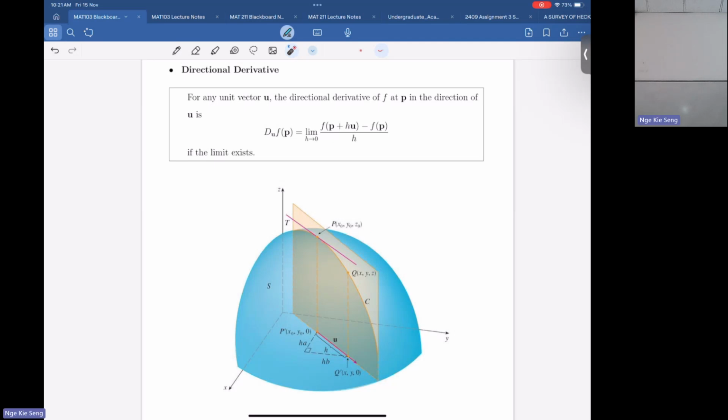So later, this length will come up when we do some computation, and we don't want to be affected by this length here. Okay, later I will show you.